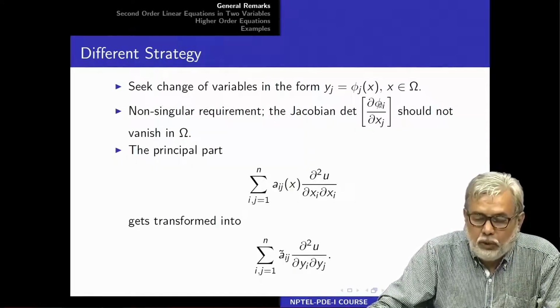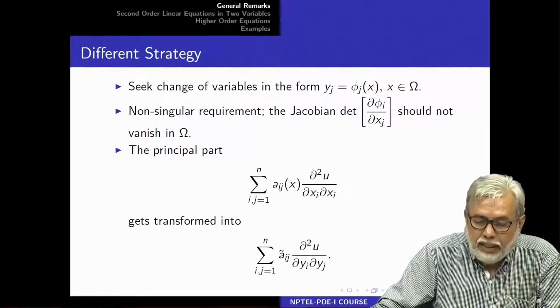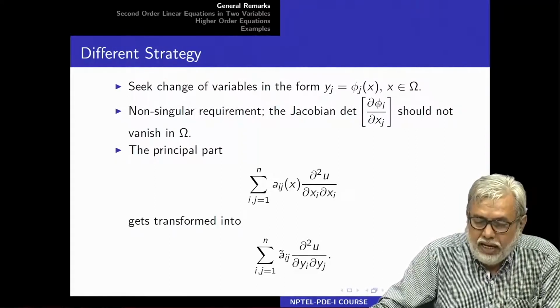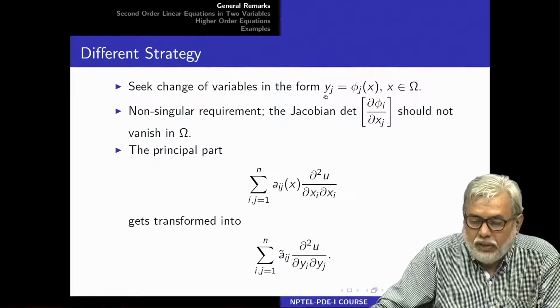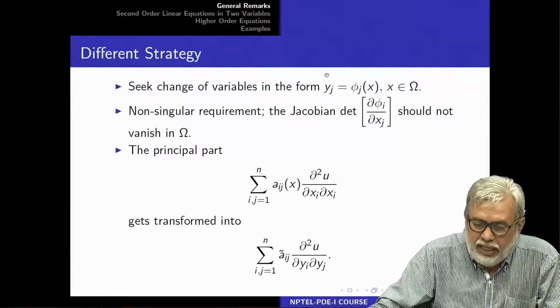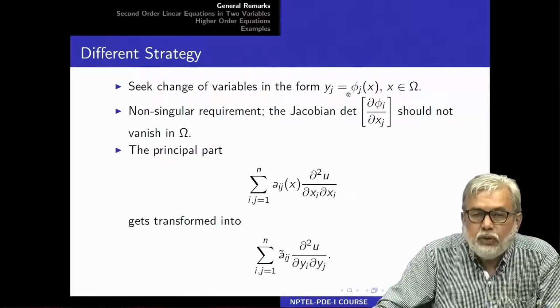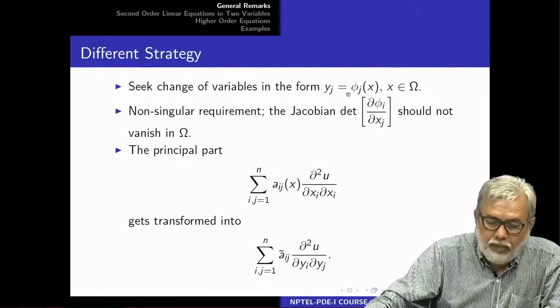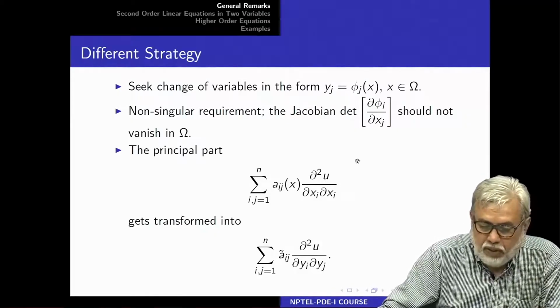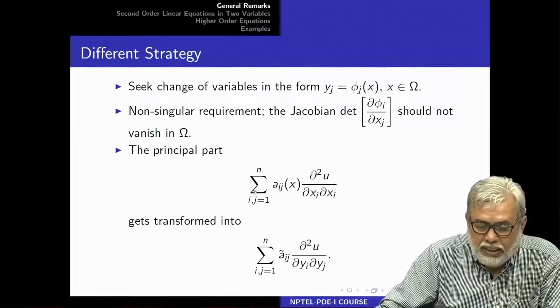Usually you bring it to either diagonal form or at least upper triangular form, so that you can easily solve the given set of algebraic equations. So, a similar strategy we want to adopt for the PDE.